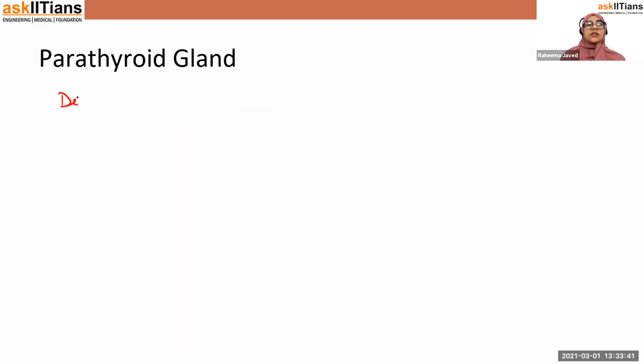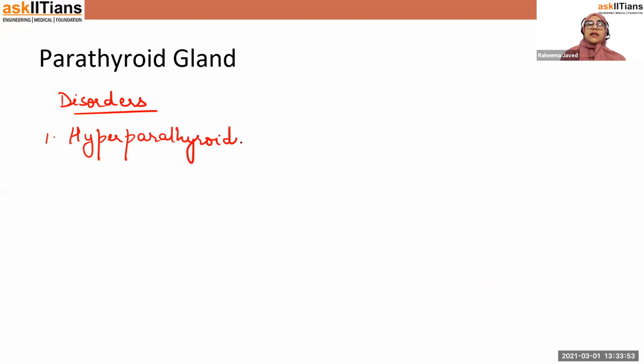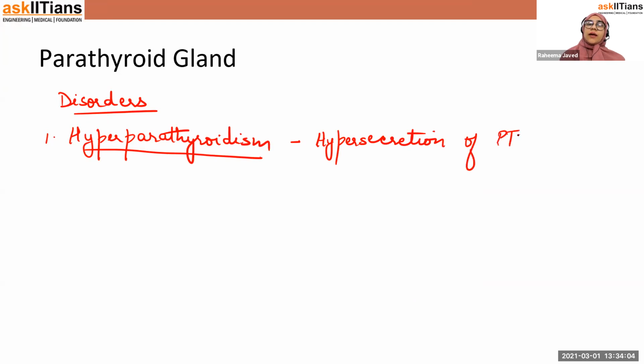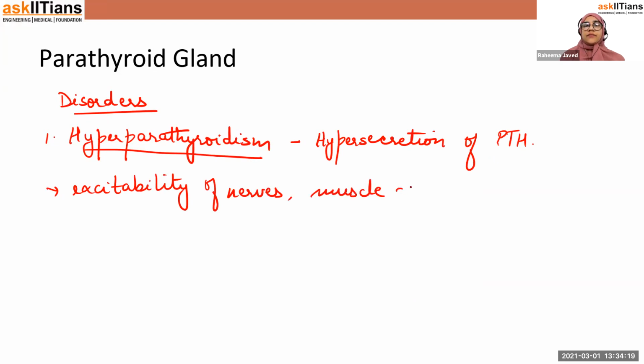And here we are going to discuss the disorders of parathyroid gland. First disorder is hyperparathyroidism, which is caused due to hypersecretion of parathyroid hormone. This causes excitability of nerves, muscle cramps, and convulsions.